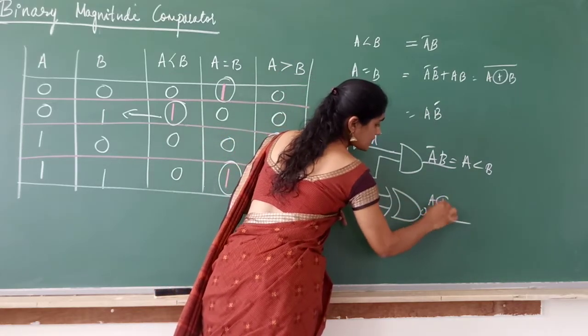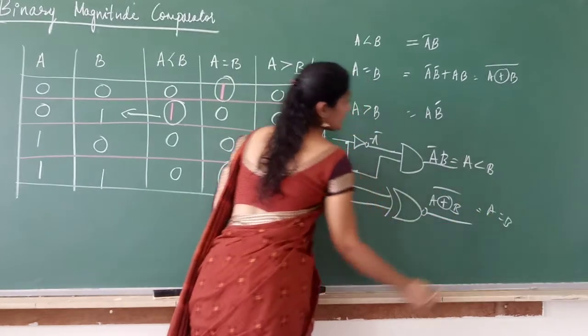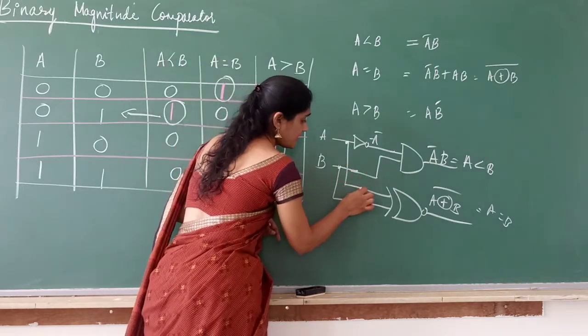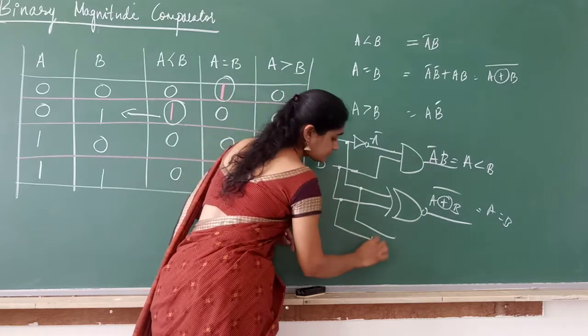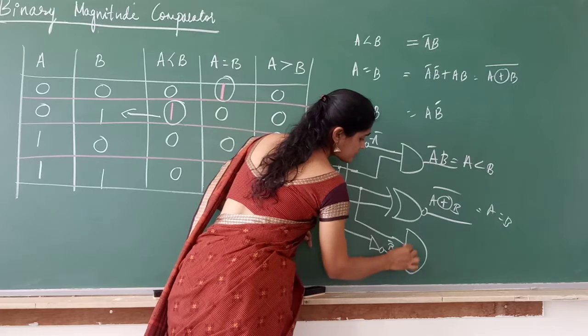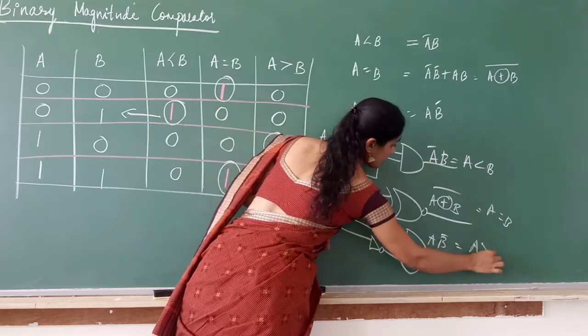So this is A XNOR B, which is nothing but A equal to B. The third one is A greater than B, that is A B bar. So this is A B bar, which is nothing but A greater than B.